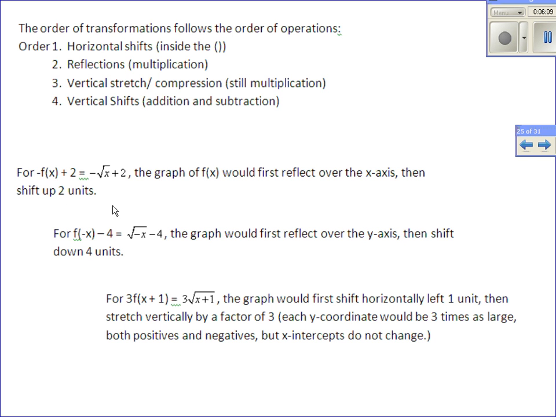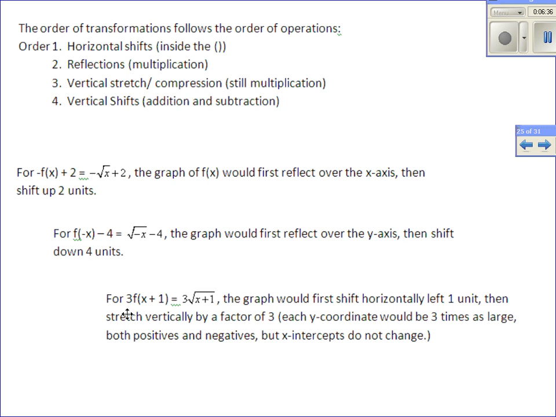So for that first one we looked at, the negative f of x plus 2, the graph would first reflect over the x-axis, that'd be the negative times f of x, and then second would shift up 2 units. For f of negative x subtract 4, inside the function we have the negative x, so the graph would first reflect over the y-axis, that rotation around the y-axis, and then shift the whole thing down 4 units.